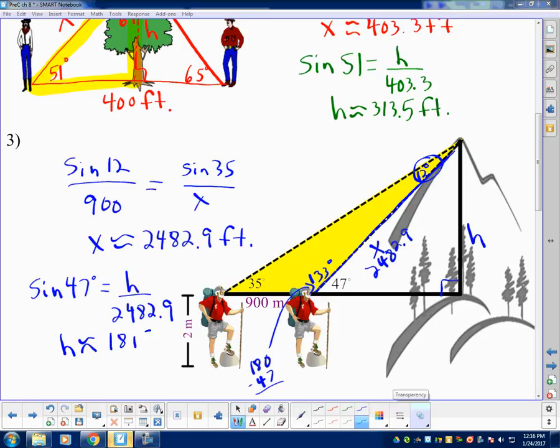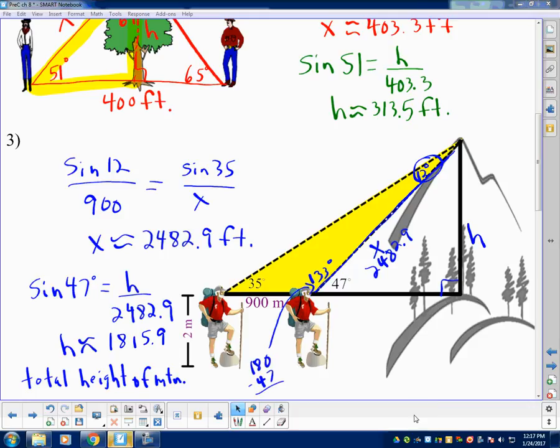So the total height of the mountain is equal to 1,815.9 plus 2, which equals 1,817.9 meters. Wait.